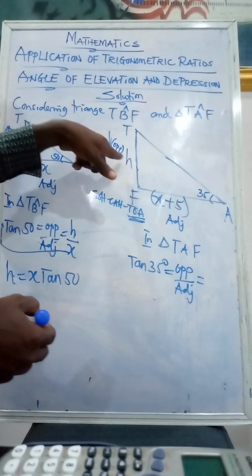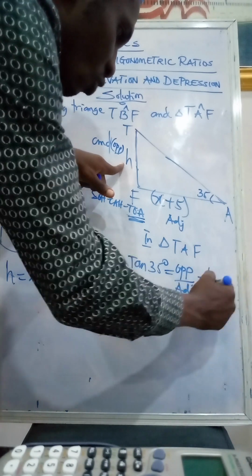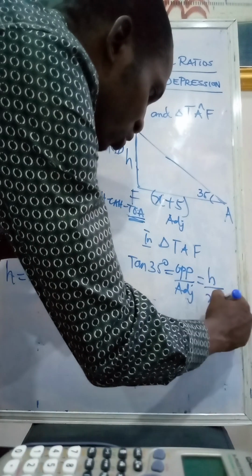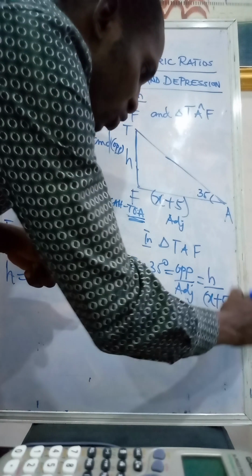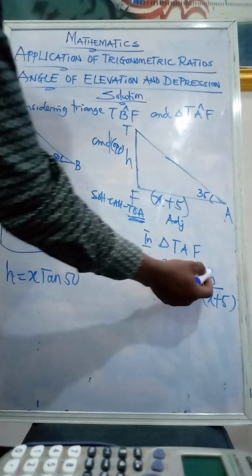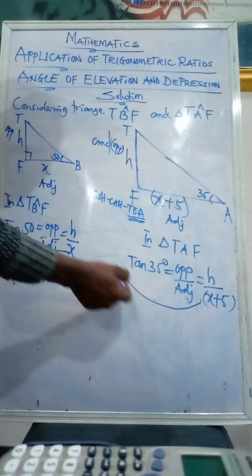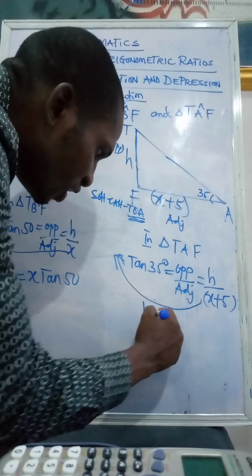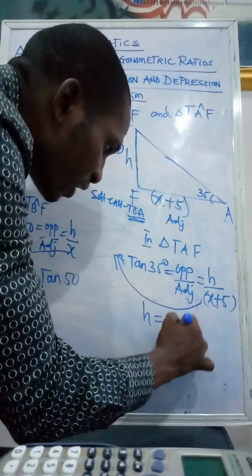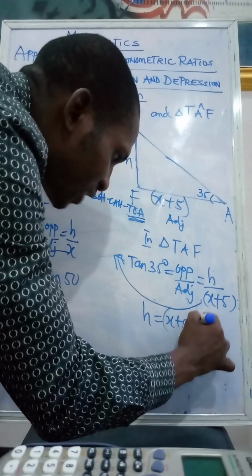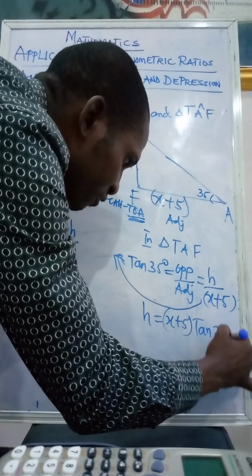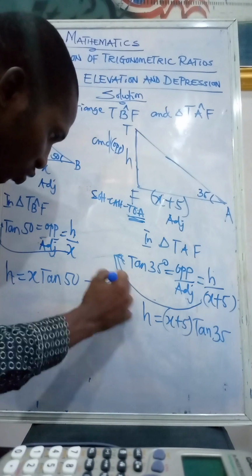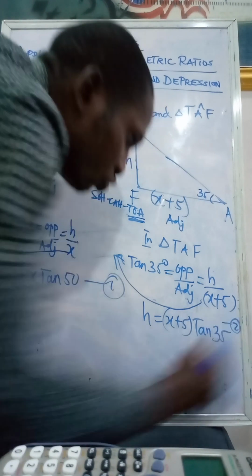The opposite here is H over the adjacent, which is X plus 5. So if I make H the subject of the formula, X plus 5 will cross multiply with this side. So my H here is X plus 5 times tan 35. I'll call this equation 1 and this equation 2.